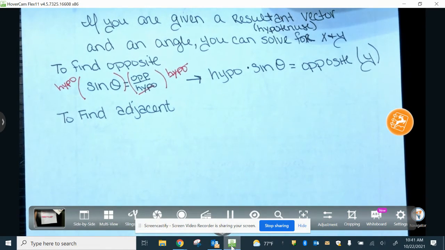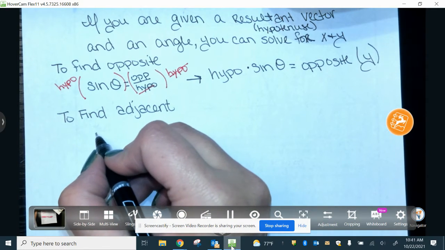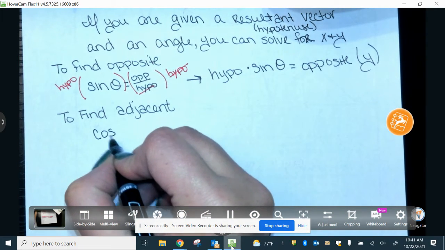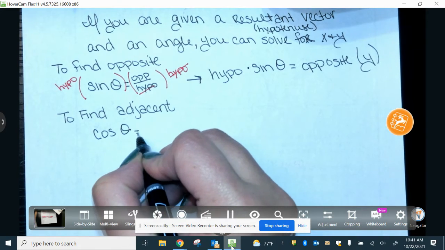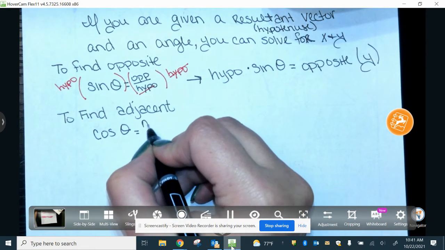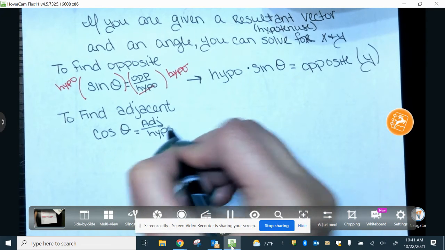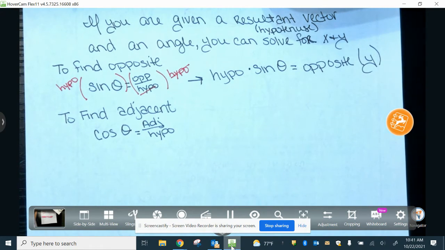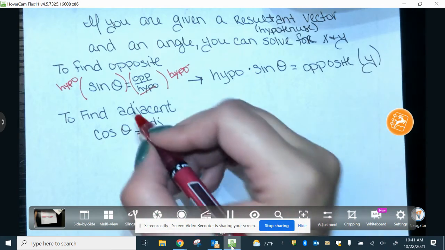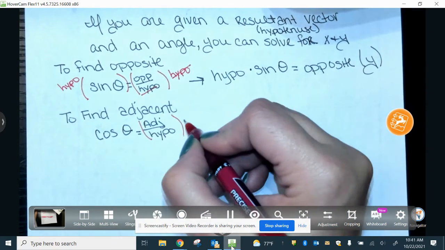So to find my adjacent, my original equation is cosine of theta equals my adjacent over my hypotenuse. Do the same thing. I'm going to multiply both sides by the hypotenuse.